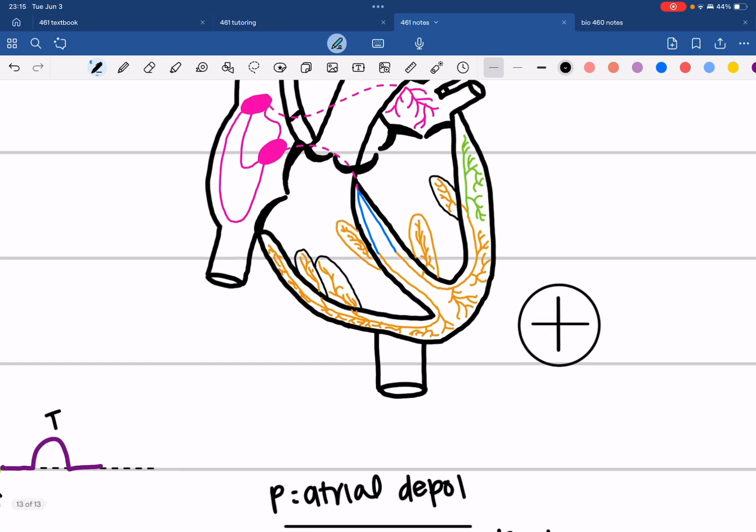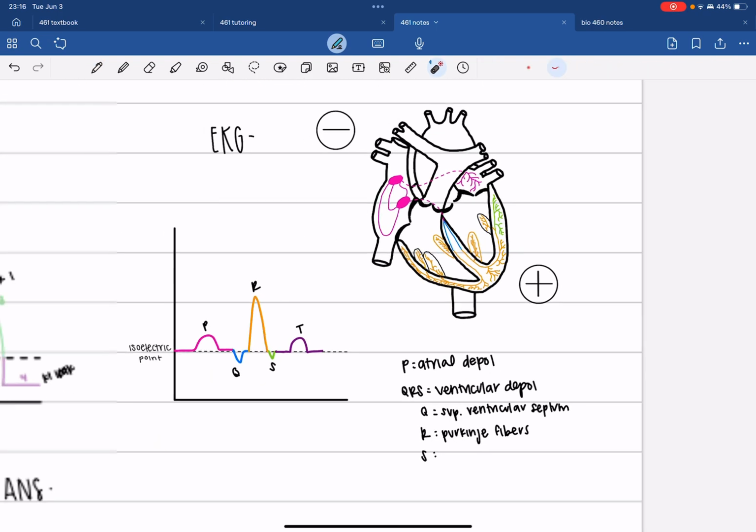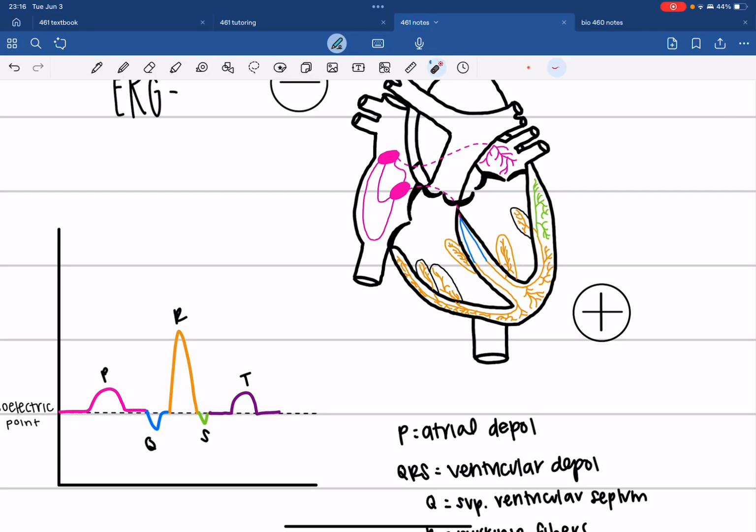That one just takes a second, has to go back up. Right here you may have noticed that some are going up and some are going down. What we are tracking is the direction that they're going towards. So right here it's going mainly towards the positive, and since we're becoming more negative, negative going to a positive is going to read as going up.